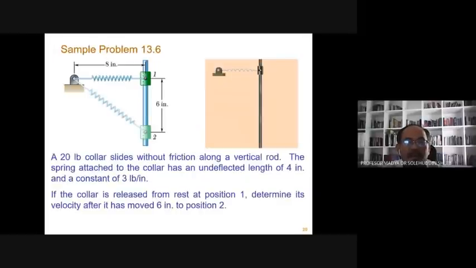For our next slide, we're going to go through this example. I want you to read this example for 1 minute and try to understand the nature of this problem.